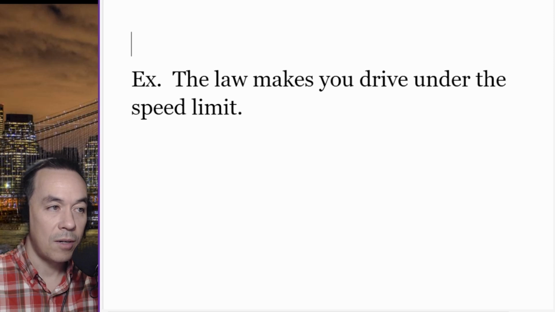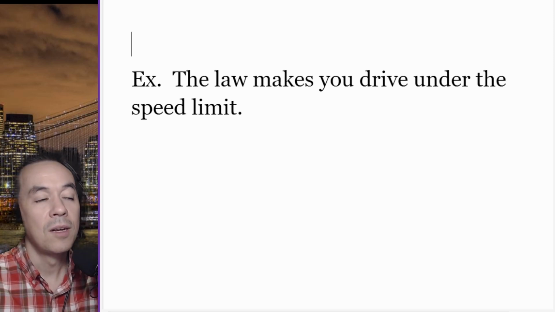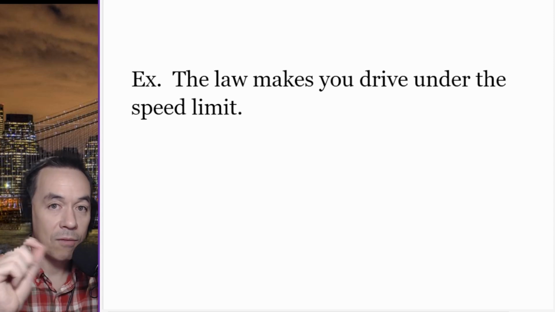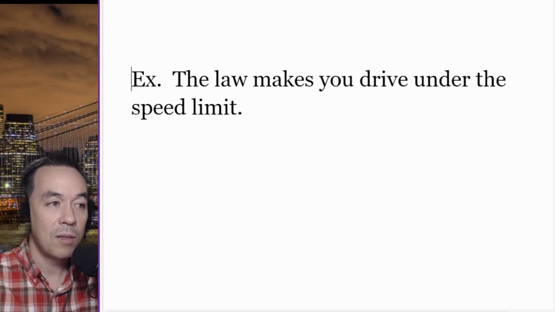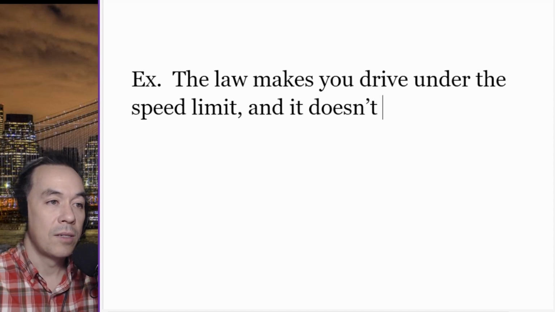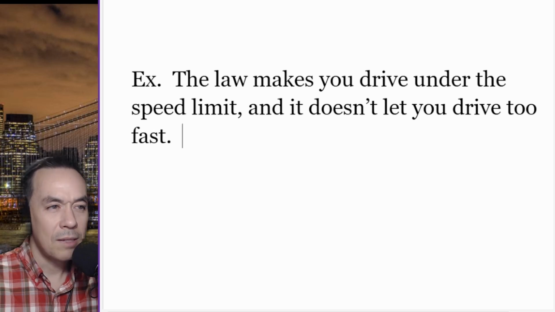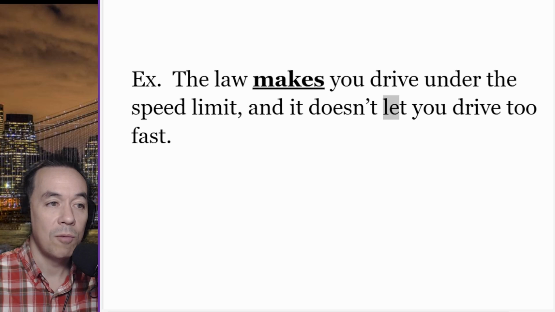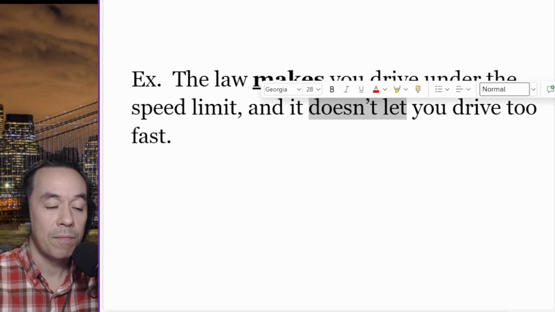The police represent the law. The written version makes you drive within the speed limit, and it doesn't let you drive too fast. So this is kind of the same meaning in one sentence.